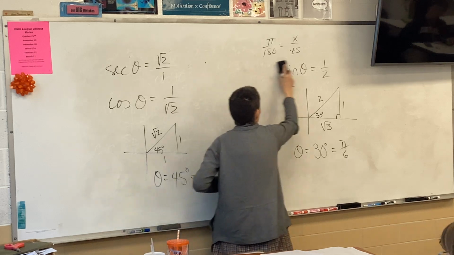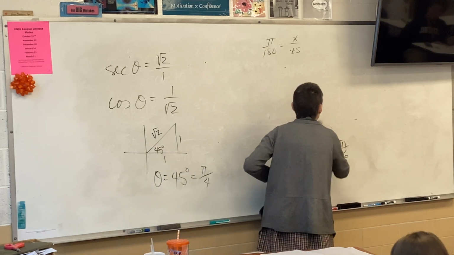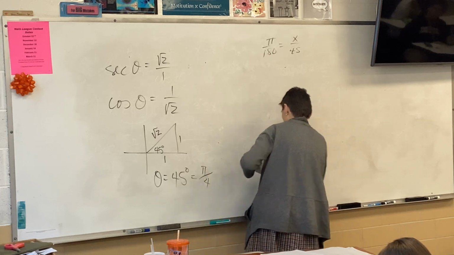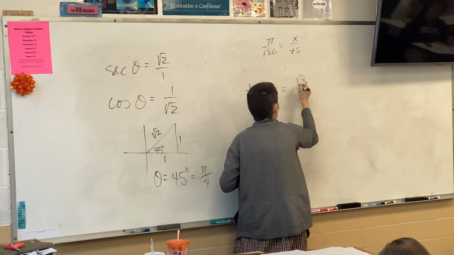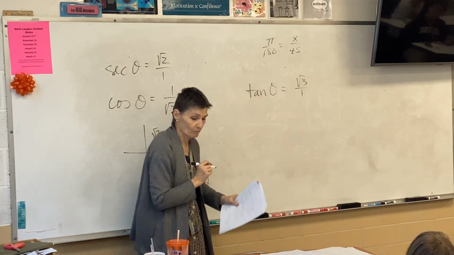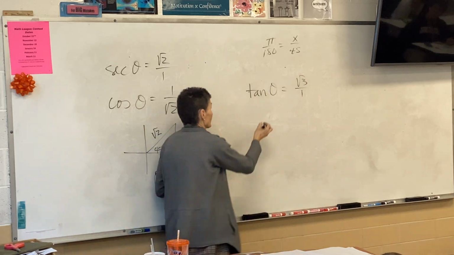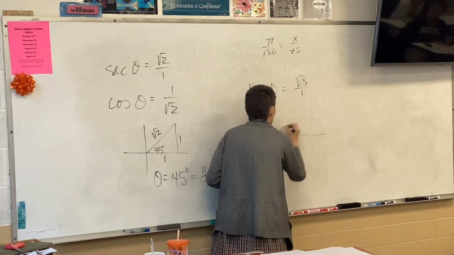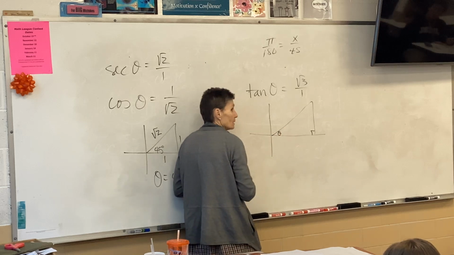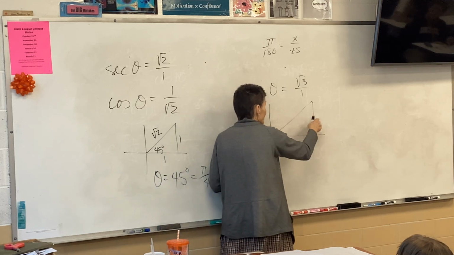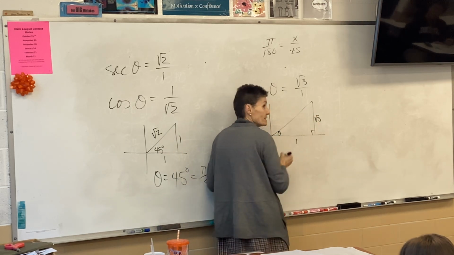All right, now we've got tangent equal to root 3 over 1. I'm gonna write it that way, root 3 over 1. So that means, here's my angle, opposite is root 3 and adjacent is 1.